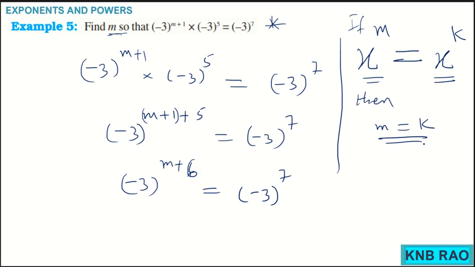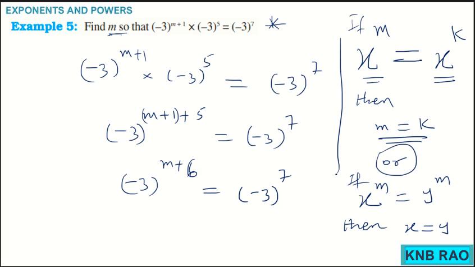Similarly, if two exponential numbers are equal, for example, you have got x^m equals y^m, with the same powers, then their bases will be equal. It is another very important learning which you have to remember.